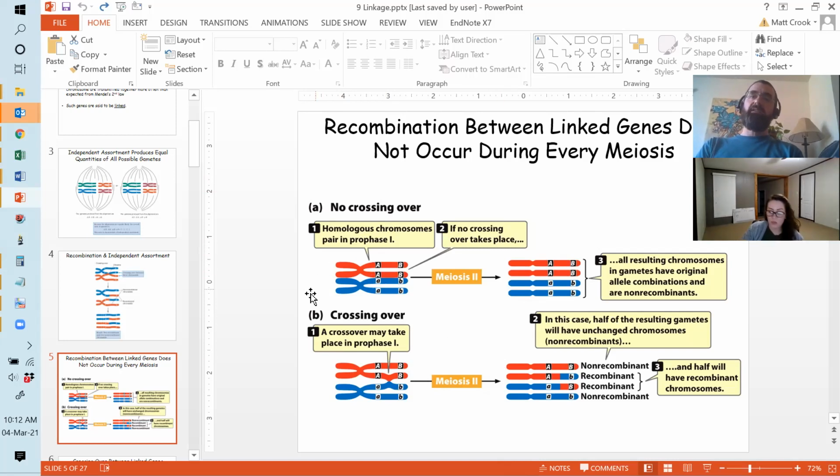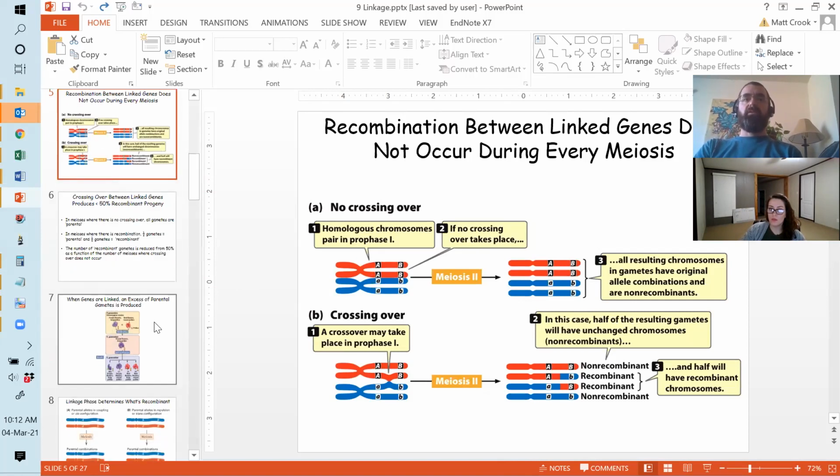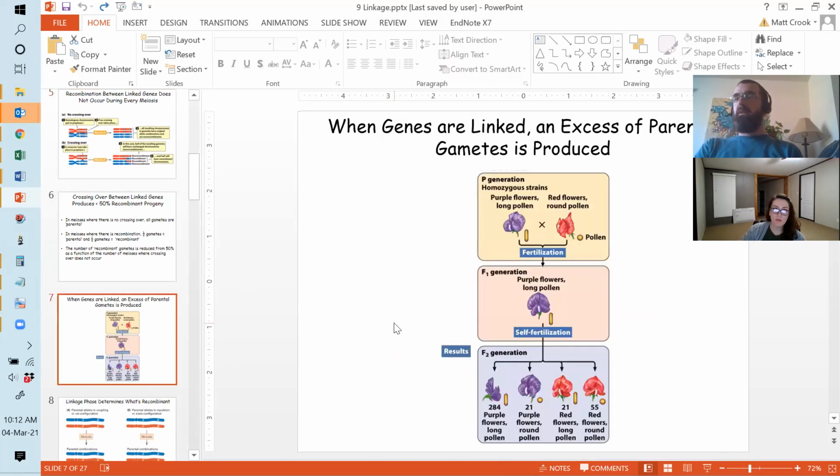So if you go back to the whole dihybrid cross deal, right? And rather than just telling you about it, for example, we have a dihybrid cross between these two parents.